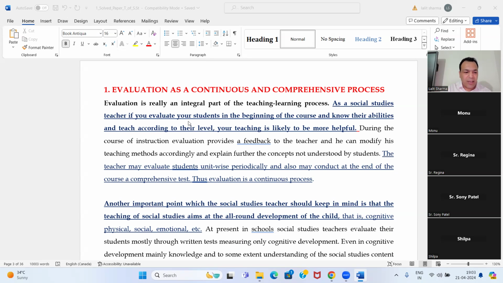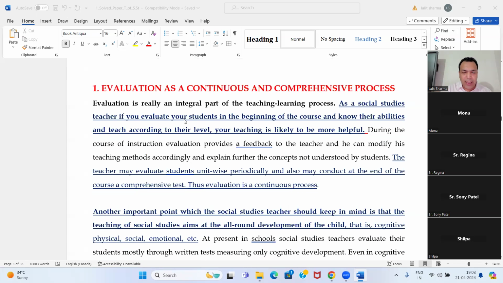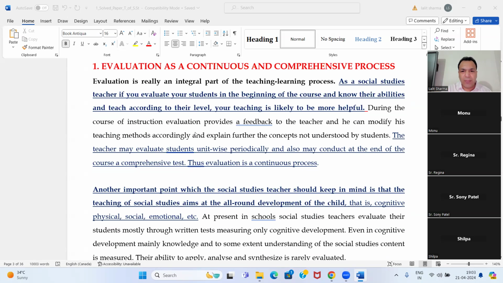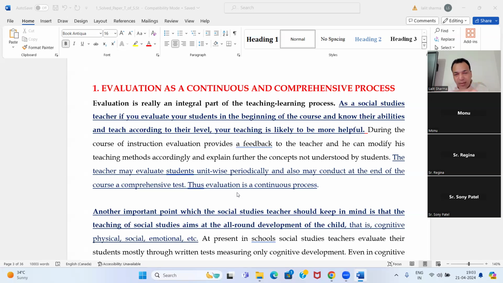As a social science teacher, if you evaluate your student in the beginning of the course and know their abilities and teach according to their level, your teaching is likely to be more helpful. ये देखो अंडरलाइन किया हुआ है मैंने, द मोस्ट इंपॉर्टेंट लाइन. देखो guys, before teaching you, I have learned all the things, right? And I have underlined the most important points for you. ये देखो, this is the first step.